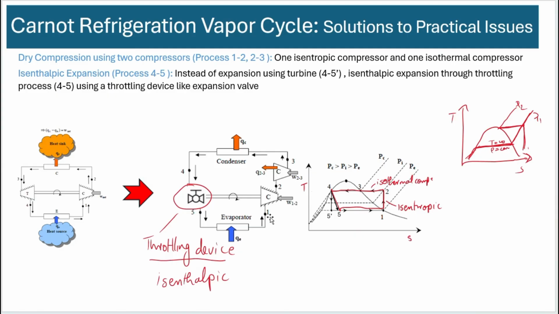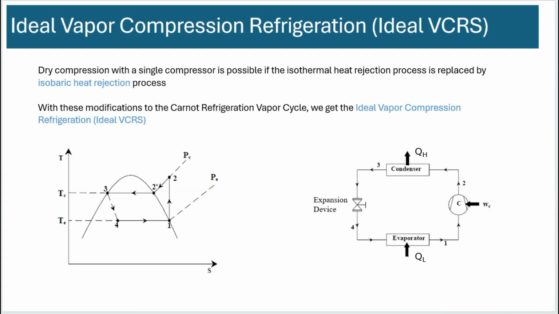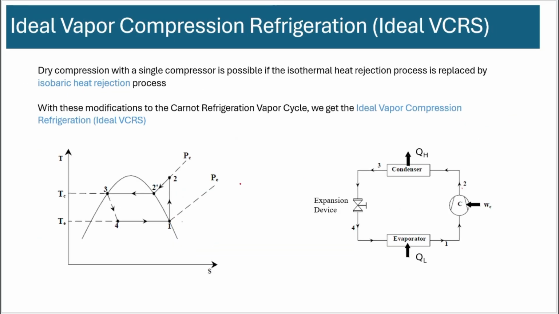However, this is not practical again because it is expensive to have two compressors and it's not practical to achieve isothermal compression. That's really hard. So what is the actual solution? So the two compressor problem is solved and the actual ideal vapor compression cycle is derived using this method here.